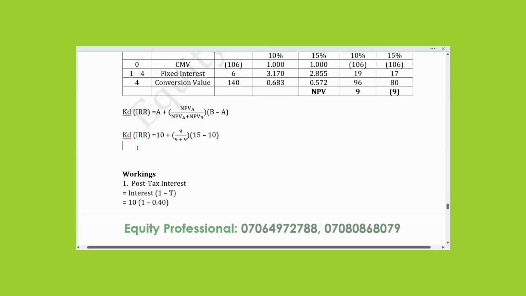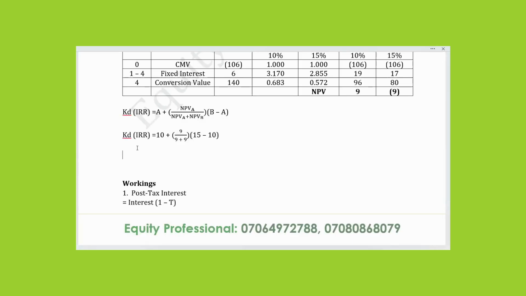Finally, you get your answer. KD, cost of convertible debenture, is equal to 9 divided by 18. That will give us 0.5. 0.5 multiplied by the difference between 15 and 10 will give us 2.5. 2.5 plus 10 will give us 12.5%. Yes, 12.5%. That's it.